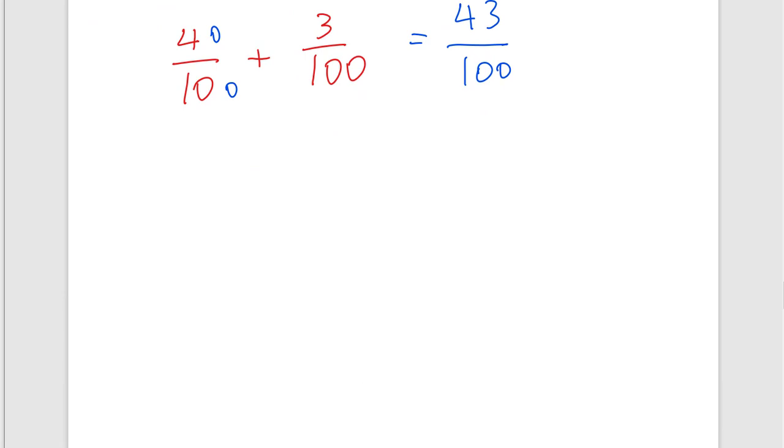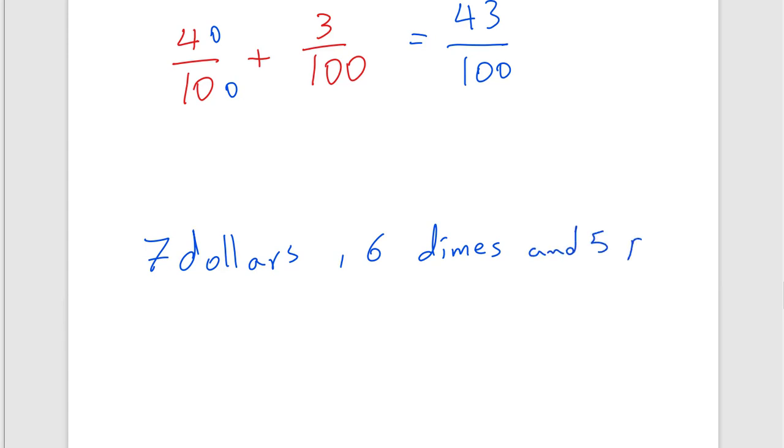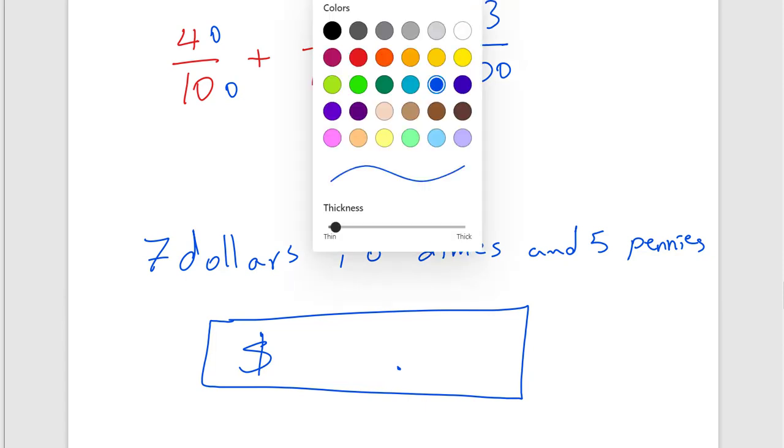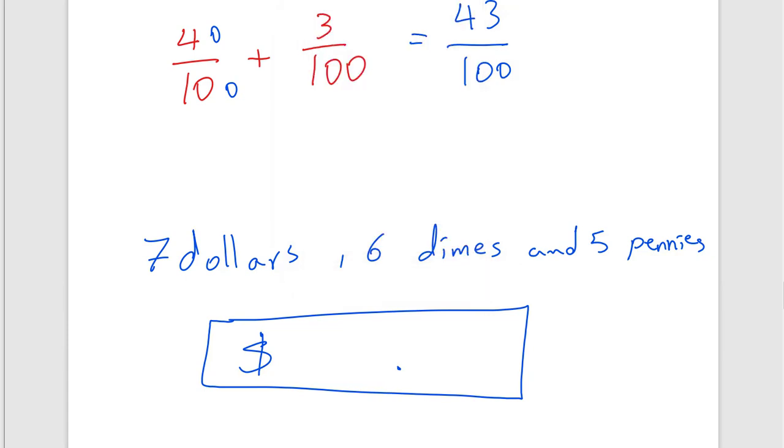Okay, the last question is for you, my heroes. $7, 6 dimes, and 5 pennies. And I want to write this as how many dollars as a decimal. Malik? $7.65.